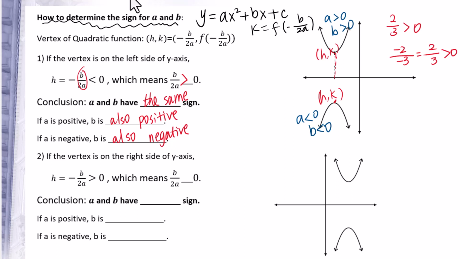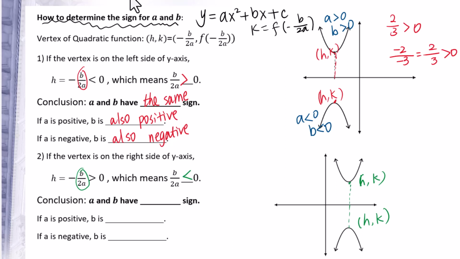Let's check the other situation. If the vertex is on the right side of the y-axis, this h is positive. h equals negative b over 2a greater than 0. b over 2a will be less than 0.